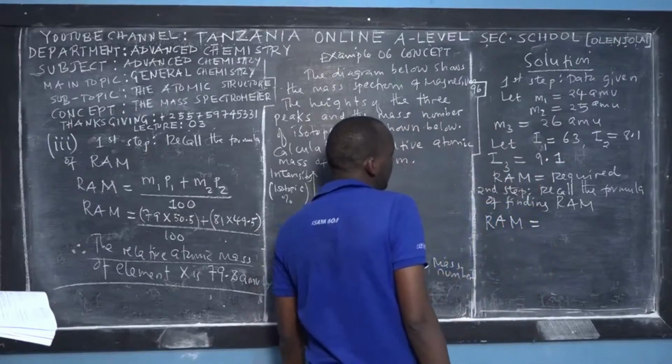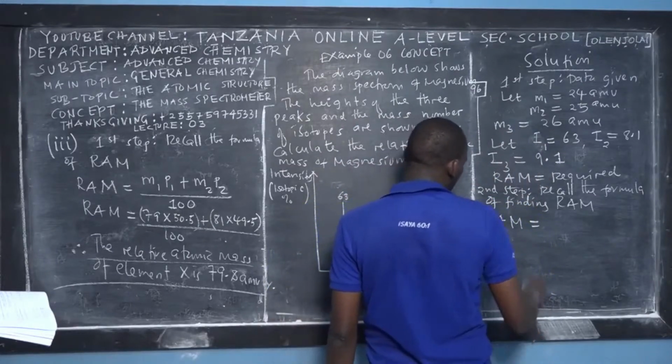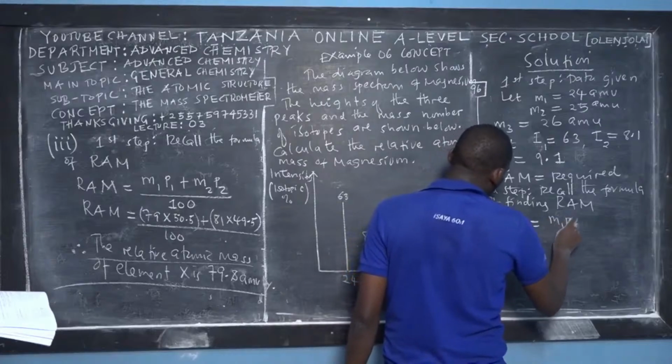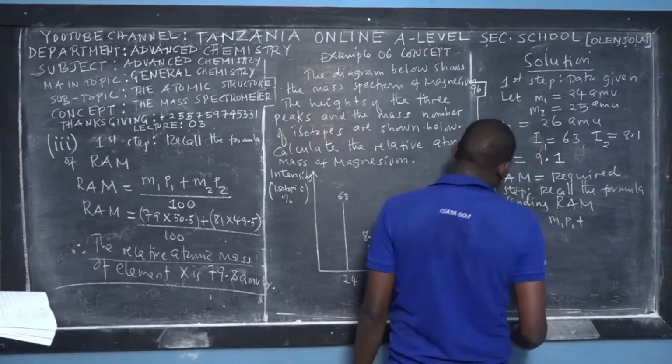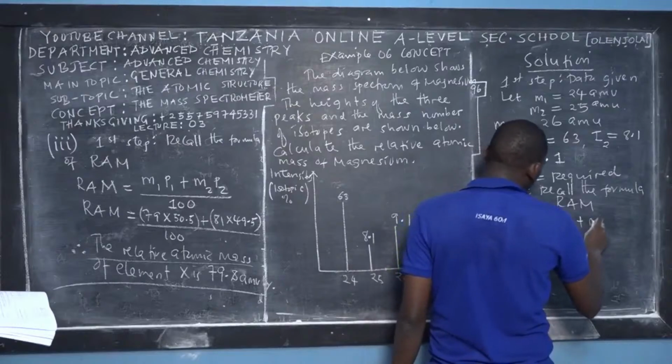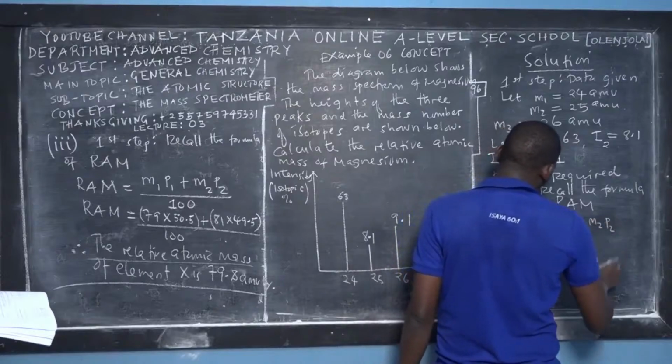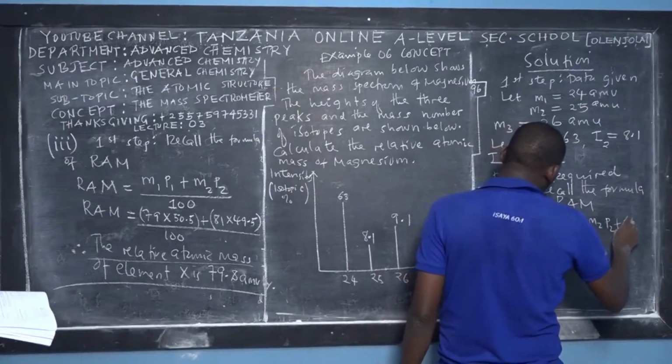So relative atomic mass is equal to mass 1 times percentile 1 plus mass 2 times percentile 2.